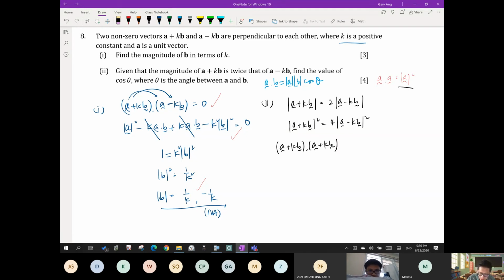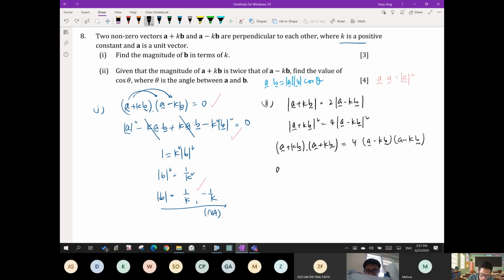The whole idea is you need some A dot B's around, and with the mod, there's no way you can have an A dot B. But when you square the mod, you actually have the dot itself, itself dot itself, like A dot A. So this is essentially this. And when you expand this out, which you will shortly, you are going to have A dot B inside. And that's how you're suddenly going to have your cosine theta. Remember, your job is to try to get cosine theta. Agree? Okay, cool. Let's do it.